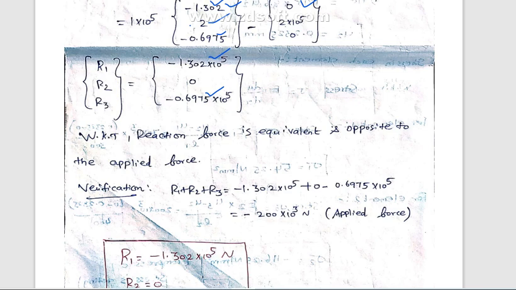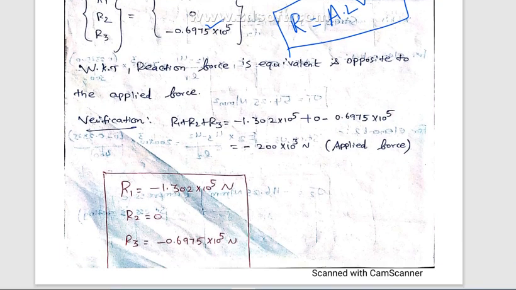The reaction force is always equal to your applied load value. You add 1.302 and 0.6975, and it is almost equal to 2 into 10 power 5. Okay, so this is the one dimensional bar element. Thank you.